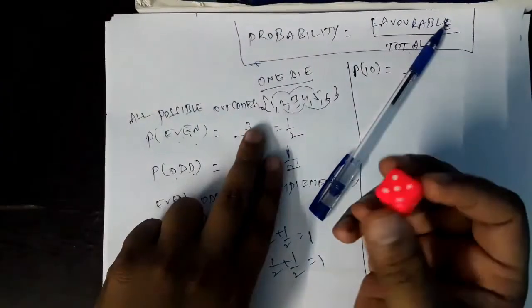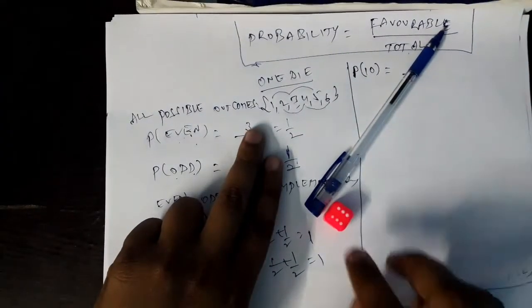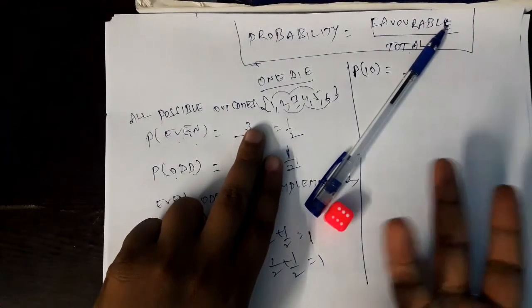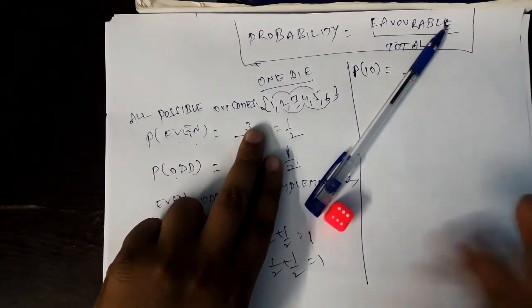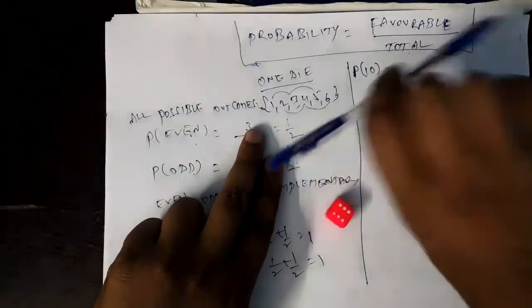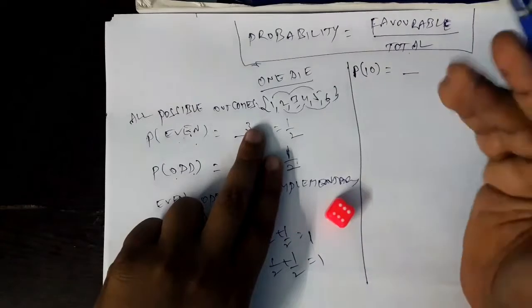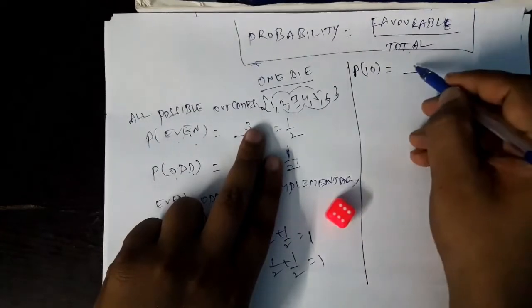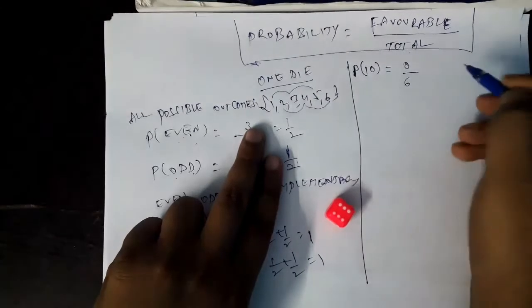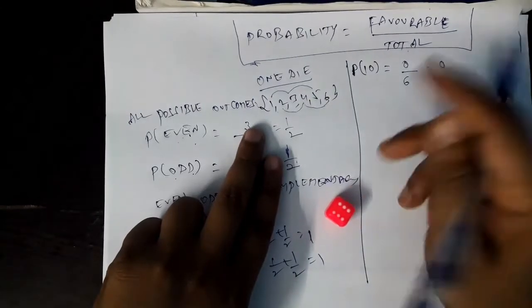If you throw this die, can you get 10 on this face? No, it's not possible, impossible, because there is no 10 here, only 6 is possible maximum, right? 10, where do you get 10 from? Nowhere. So favorable is 0, total is of course 6. So probability is 0 by 6.